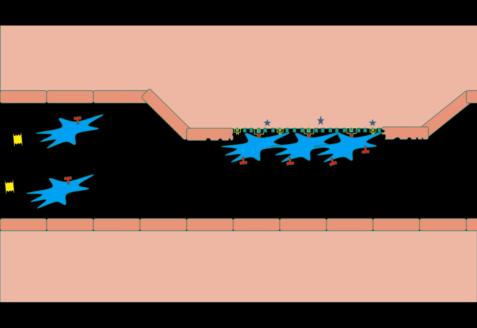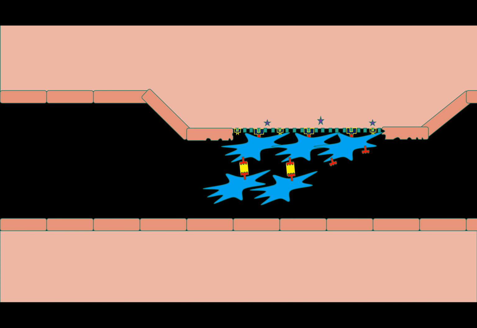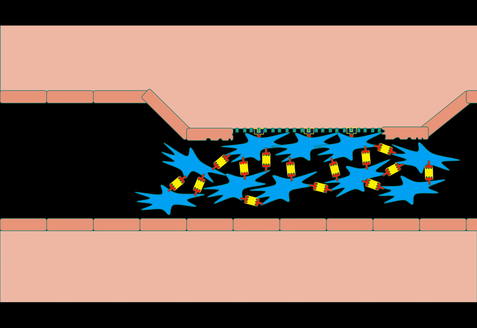Now, the fibrinogen that is circulating in the blood will come and bind to this fibrinogen receptor, and this will lead to aggregation of platelets. So this will continue, and multiple platelets and fibrinogen come and aggregate in the area of platelet activation, that is in the area of vessel injury.